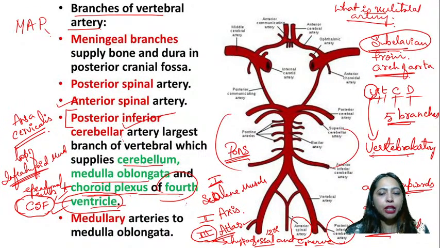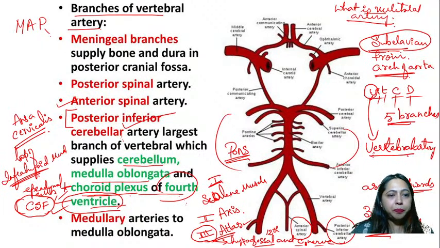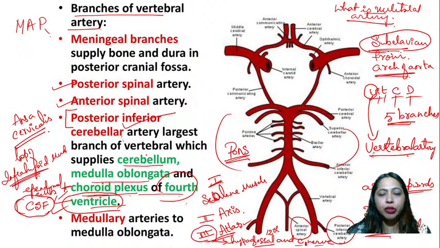And on the back side, you'll also see the posterior spinal arteries. Okay, anterior spinal artery and posterior spinal artery. And then you can also see that the right and left vertebral arteries join together here. There is a right vertebral and left vertebral joining together. And this is known as the basilar artery.